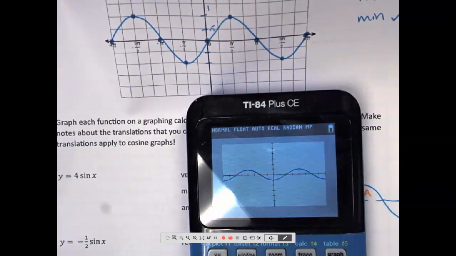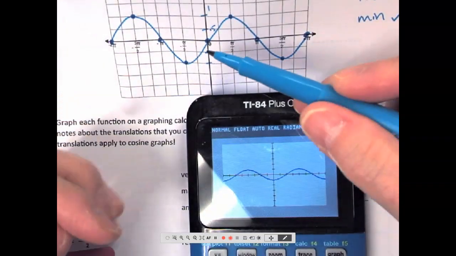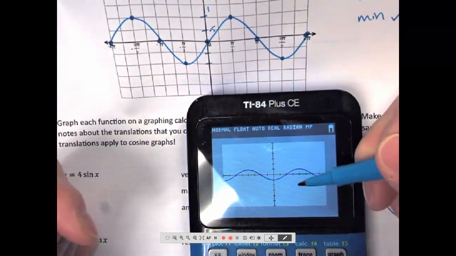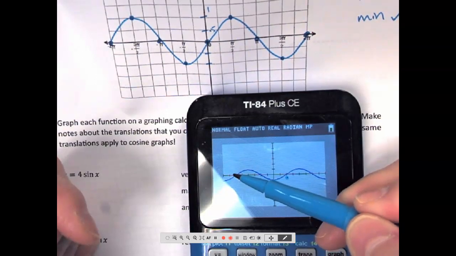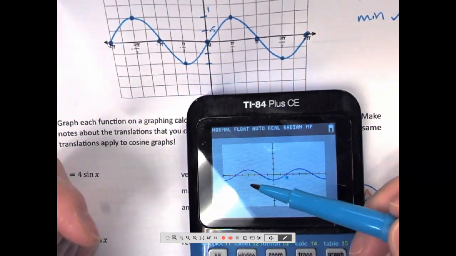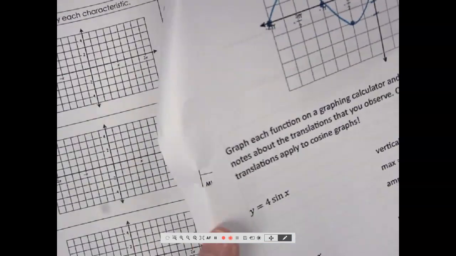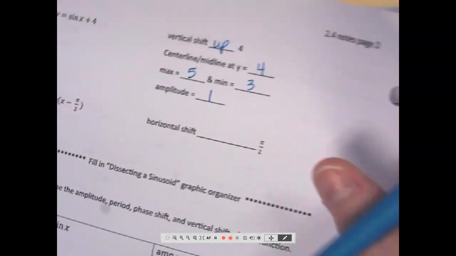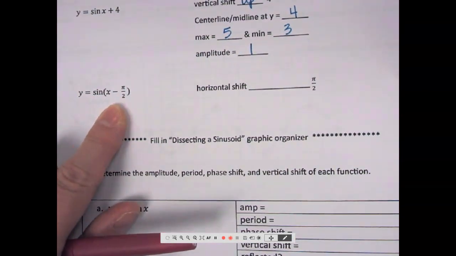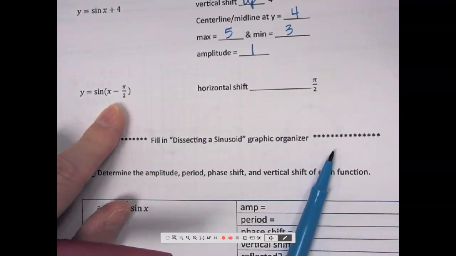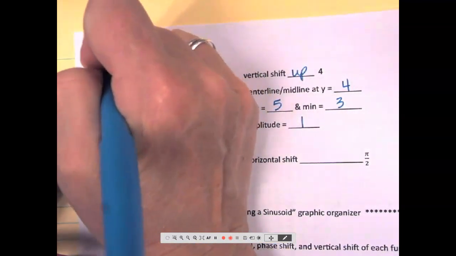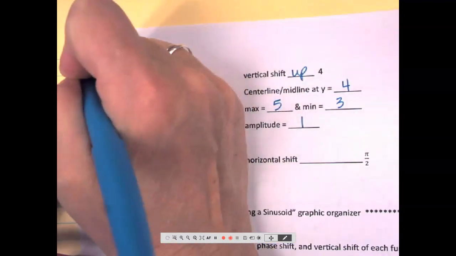Now, actually, I could justify it saying it went either way, couldn't I? I could say, okay, this point that was at the origin is now here. Or I could also say, oh no, it's back here. But if I look at the equation, remember the equation was x minus pi over 2. You okay? Do you remember when we did the rational functions and we put something like this, 1 over x minus 2?